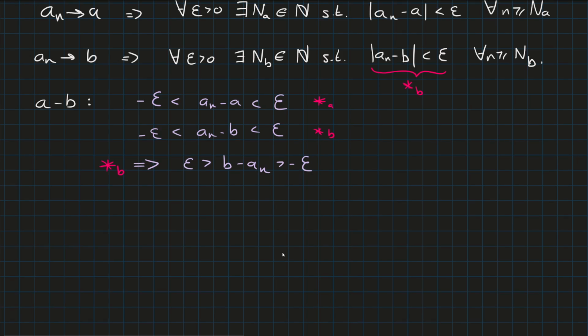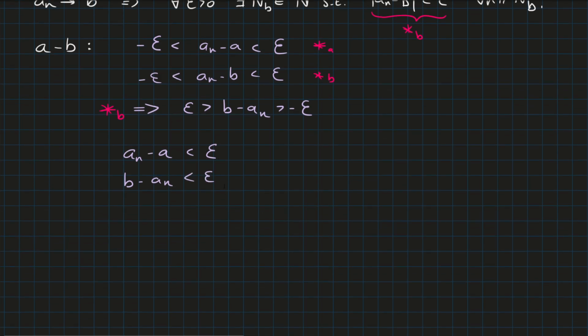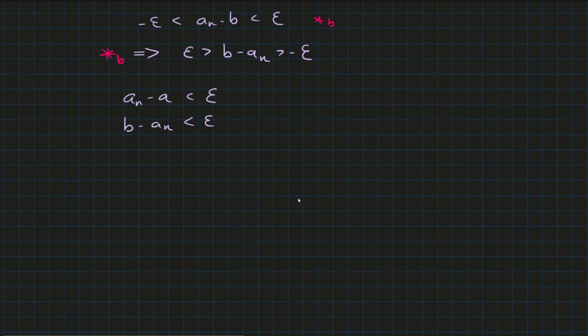And so, what do we know? We know that a_n minus A is less than epsilon, and we also know that B minus a_n is less than epsilon. So we can now add these inequalities together, and we get that a_n minus A plus B minus a_n is less than 2 epsilon.